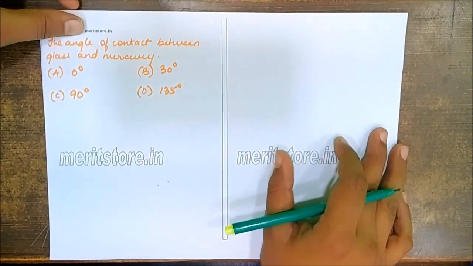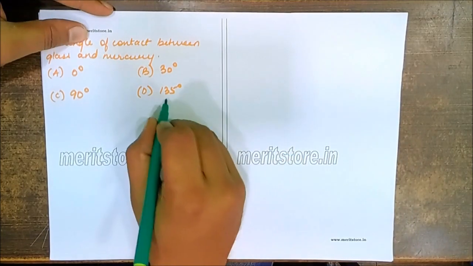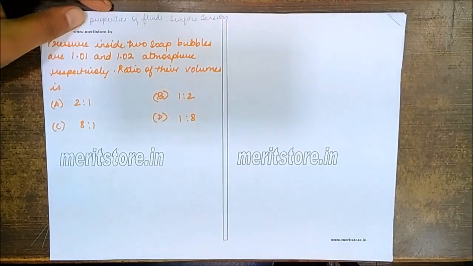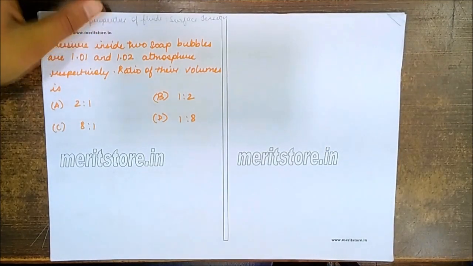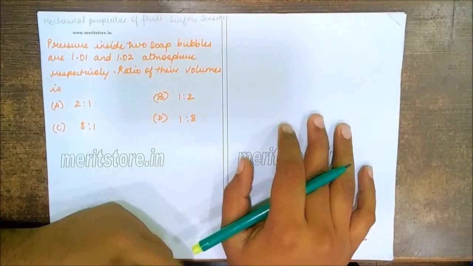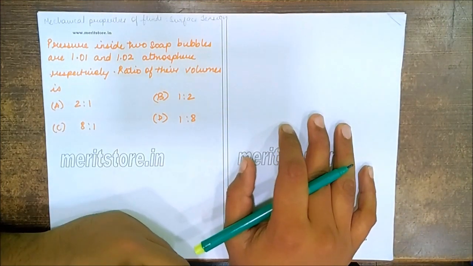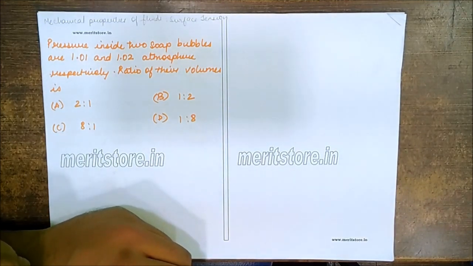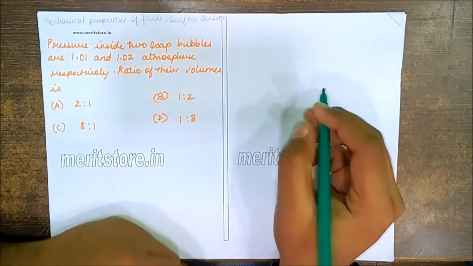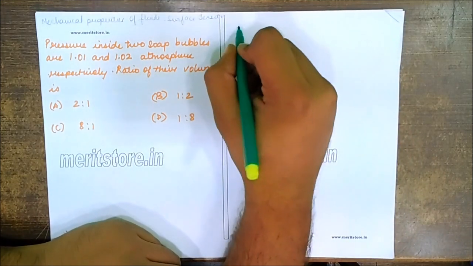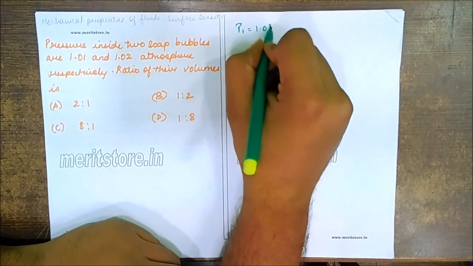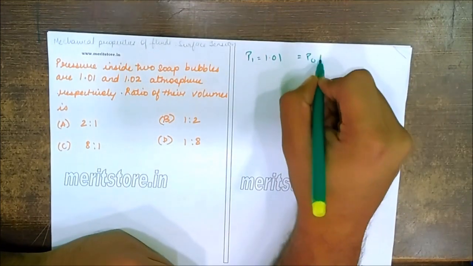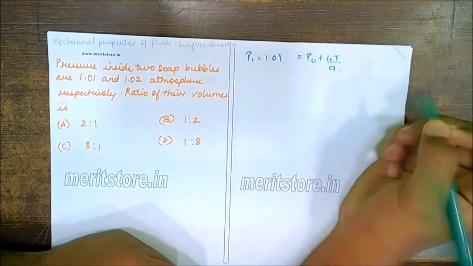Now, the angle of contact between glass and mercury is 135 degrees. Pressure inside two soap bubbles are 1.01 and 1.02 atmosphere respectively. The ratio of their volumes has been demanded. Now, P1 is equal to 1.01, that is P0 plus 4T upon a.